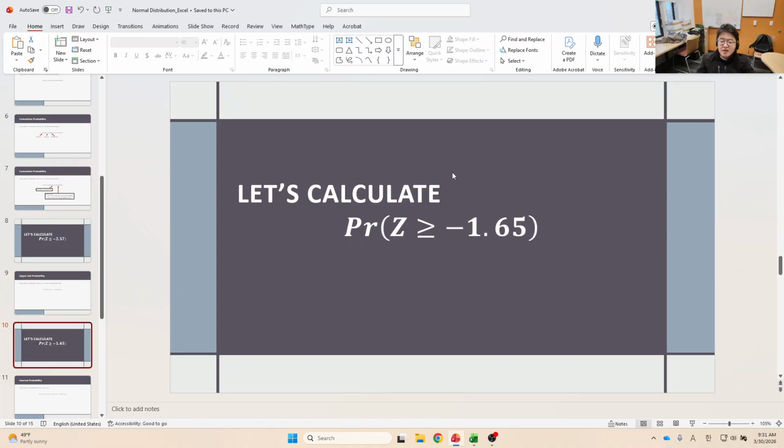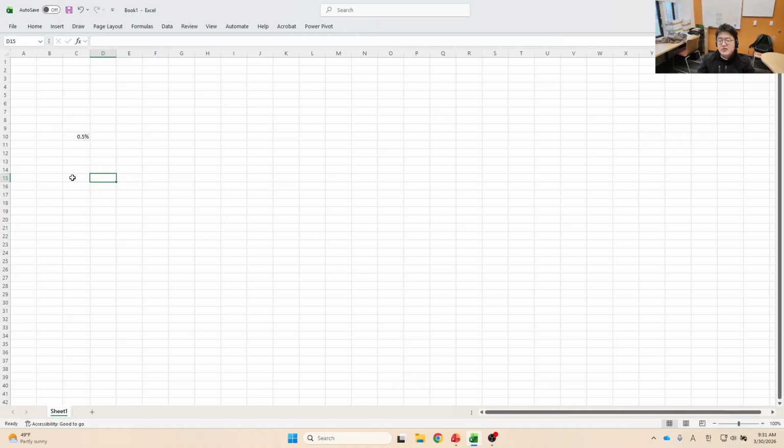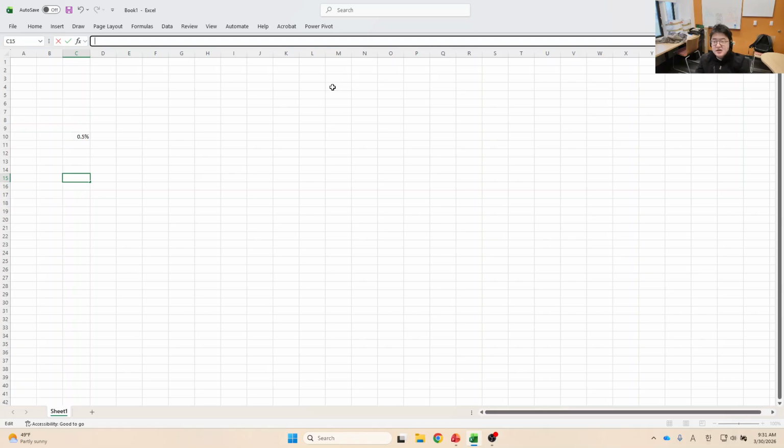So let's practice probability z greater than minus 1.65, right? So then, instead of clicking, I will just type it. You have to start with equals, norm.s.dist. You need two inputs, minus 1.65 and comma true.